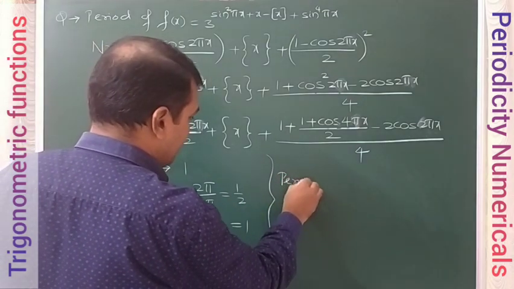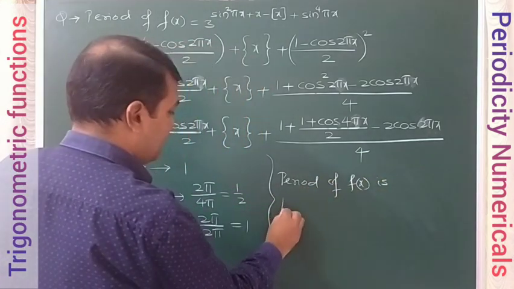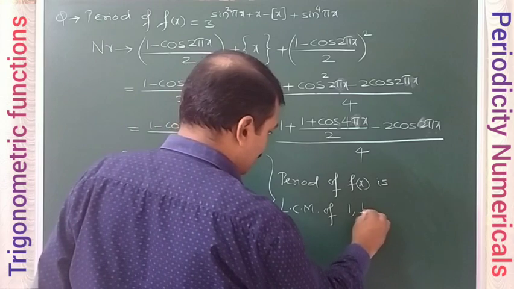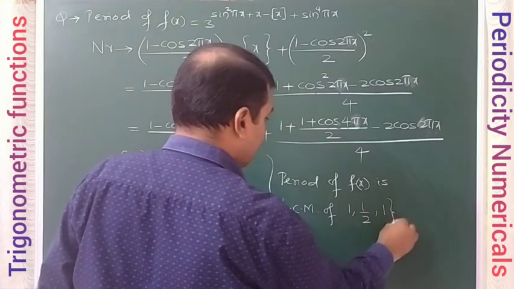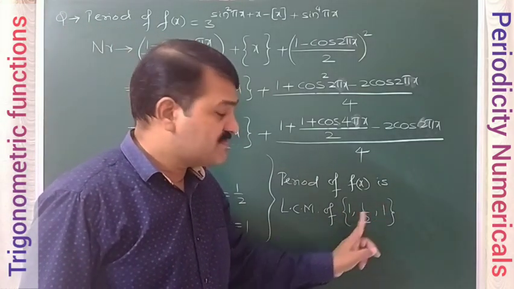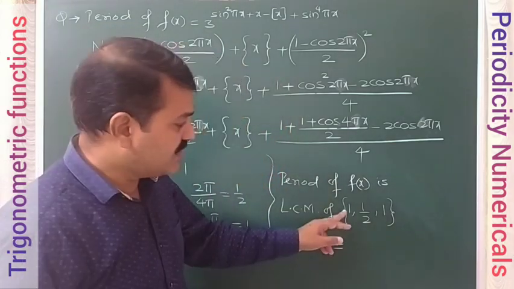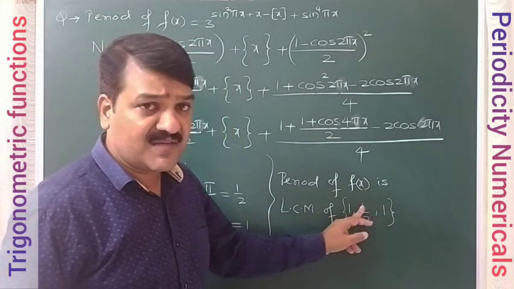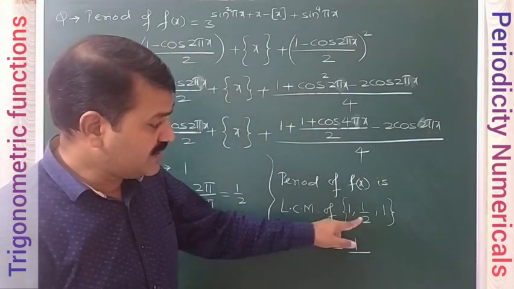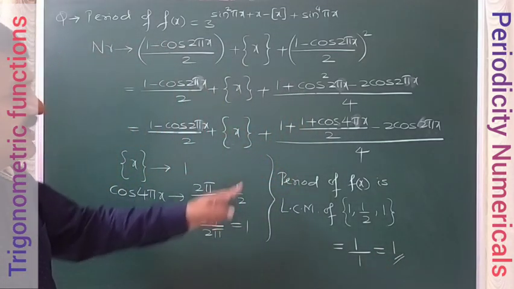So the period of f of x is the LCM of 1, 1 by 2, 1. When you have fractions, the LCM is the LCM of numerators by the HCF of denominators. The numerators are 1, 1, 1, whose LCM is 1. The denominators are 1, 2, 1, whose HCF is 1. Therefore, 1 is the period of f of x.